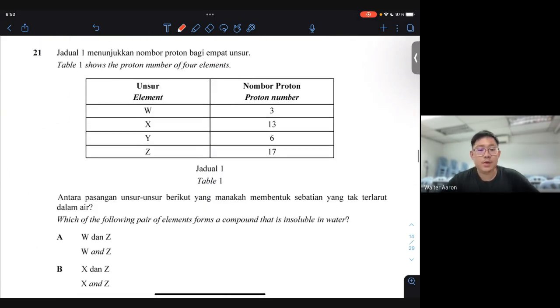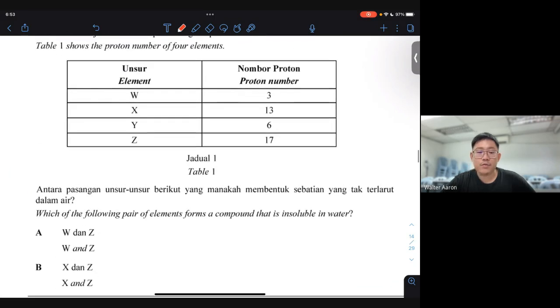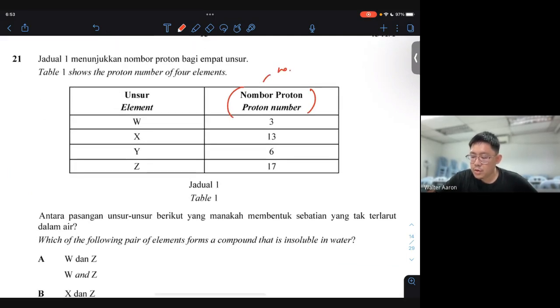Let's look at number 21. Table 1 shows the proton number of 4 elements. We have W, X, Y, and Z, for which they have already given you the proton number. Which of the following pairs of elements form compounds that are insoluble in water? Now let's take a look at the electron configuration for each first. In a neutral atom, the number of protons will always be equivalent to the number of electrons.